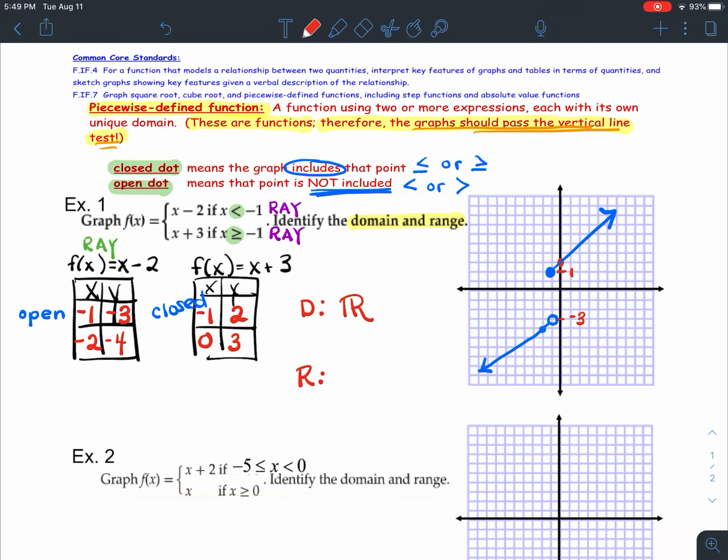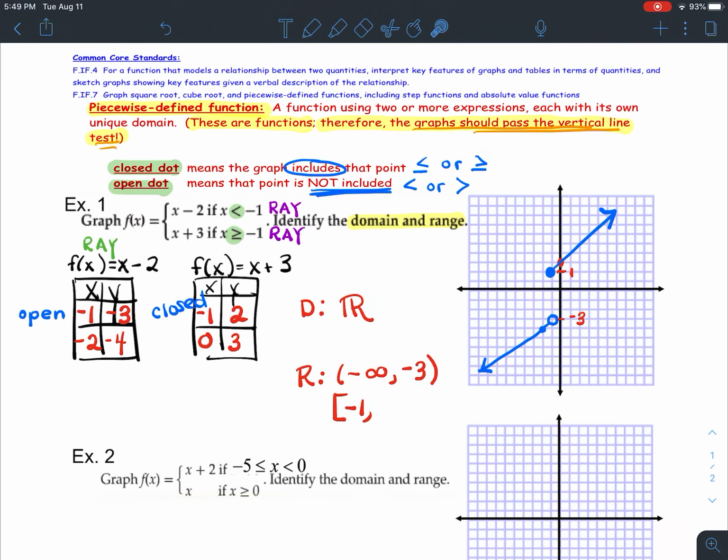Now, unlike the domain, there's this gap here. See, this piece right here isn't starting until you get to a y value of 1. So these pieces are disconnected. That means when I state the range, I'm going to have two different parts to my range. That lower piece, I'm going to say, goes from -infinity to -3, and I'm putting a parenthesis because it's an open hole.